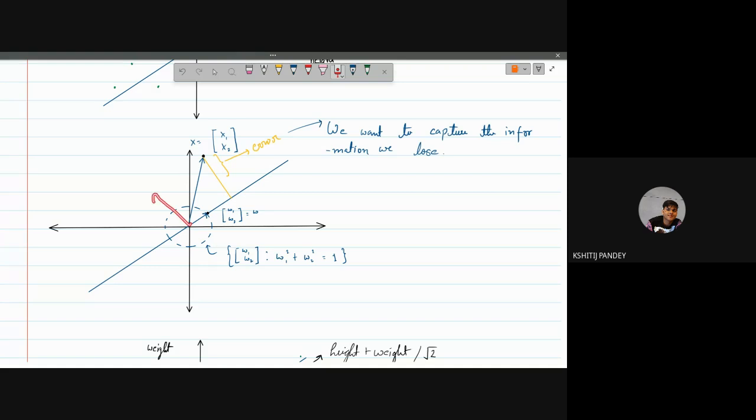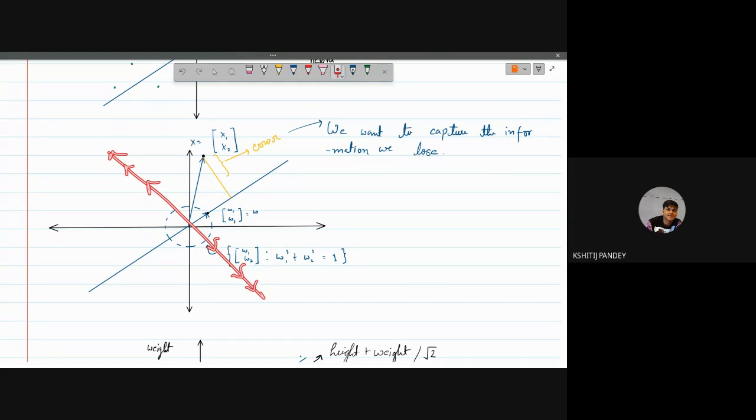The error vector should be perpendicular to the best fit line, correct? Just move it to the origin. It is perpendicular, and when you move all the vectors, they will form a line here. Yes, that's one perspective.